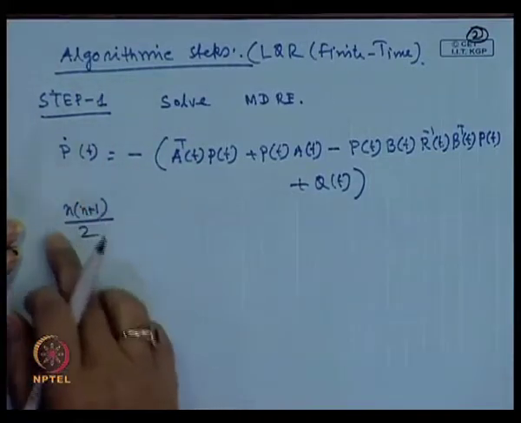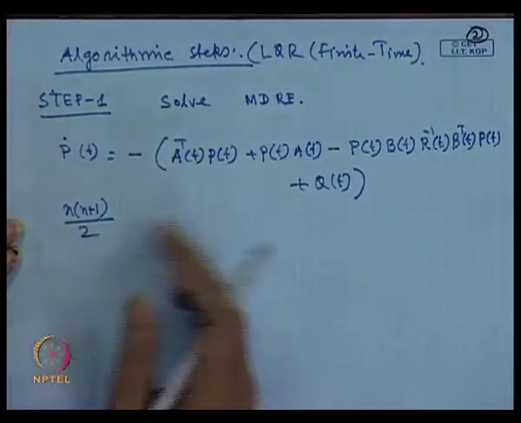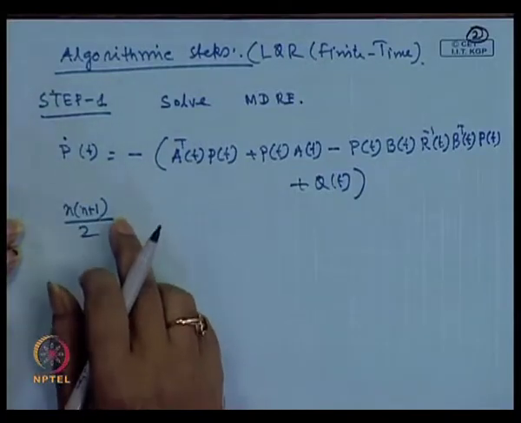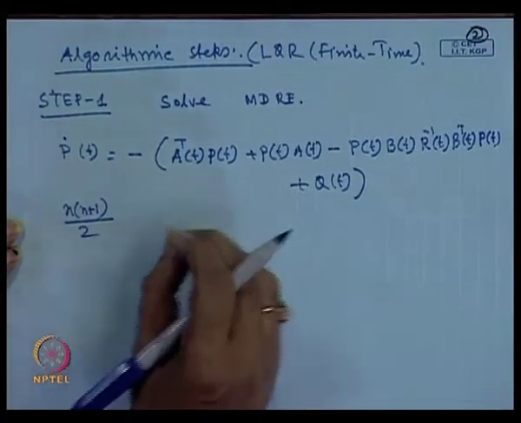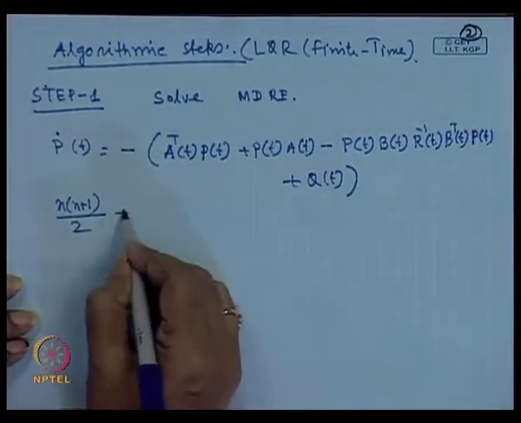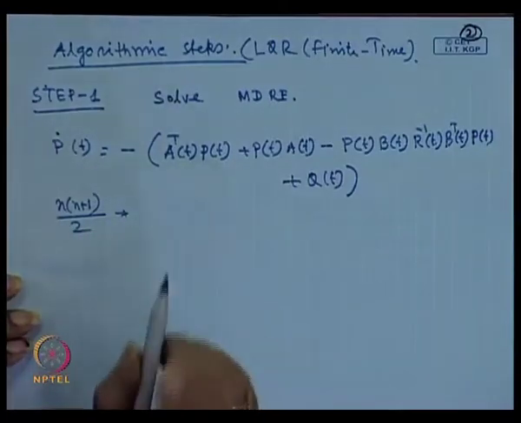These differential equations are dynamic and coupled in nature, and not only this, in general they are nonlinear. So, this set of nonlinear differential equations we have to solve, that is the first step.